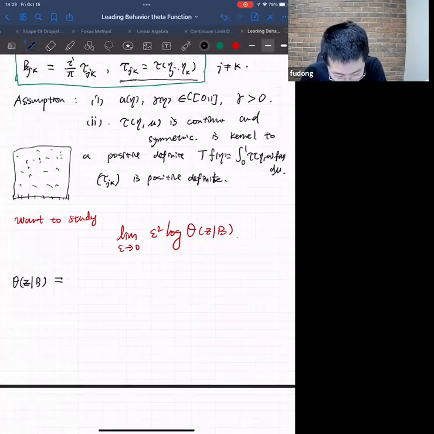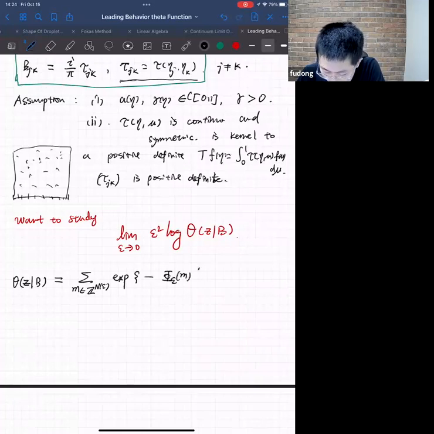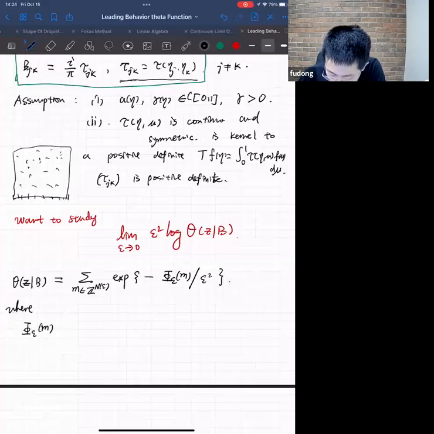So the theta function now becomes this. m is integer valued, of course, and exponential minus phi epsilon. So this phi epsilon of m is the following function, 2 a_j m_j. So it's the quadratic form.